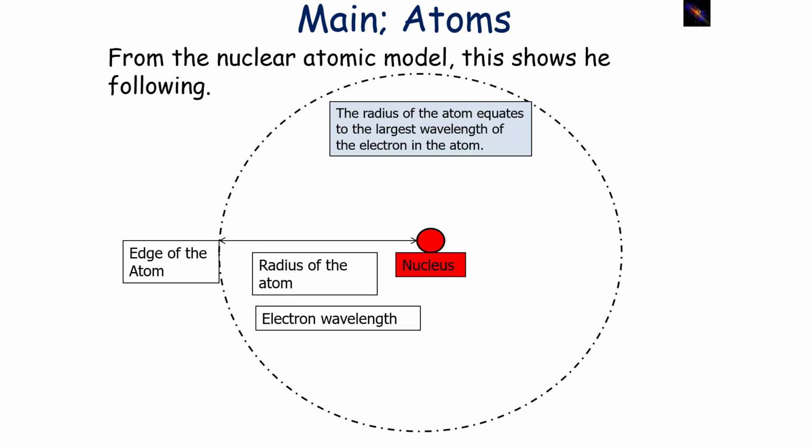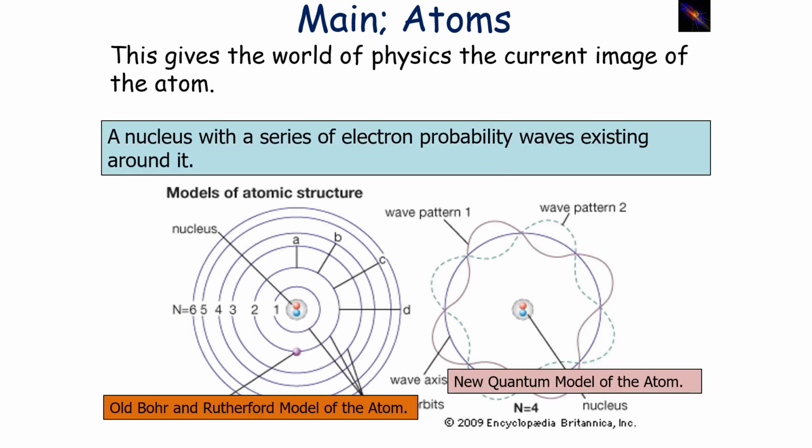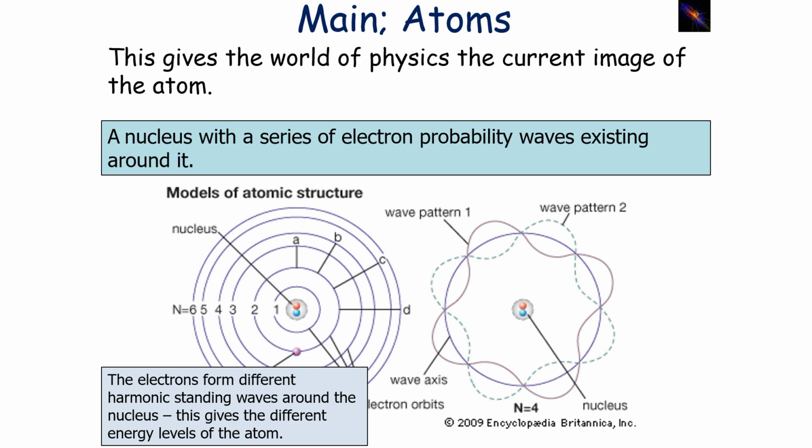So the radius of an atom equates to the largest wavelength of the electron in the atom, which can be visualized as the longest wavelengths, as these are the electrons in the highest orbitals. So actually an atom is not a nucleus which has energy levels around it. It is in fact a nucleus with a series of electron probability waves existing around it. The electrons form different standing harmonic waves around the nucleus.